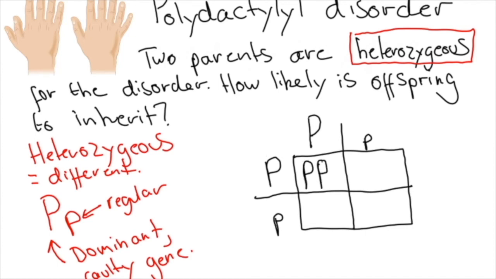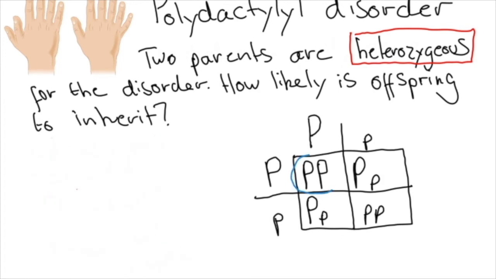So my two big P's together, my big P and my little p, another little p and big P, and it doesn't matter which way around you draw them, and finally two little p's. And it says then, how likely is it for offspring to inherit? Well, these three with the big P, because it's dominant, that offspring would have the disorder.